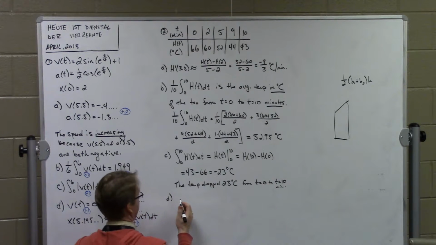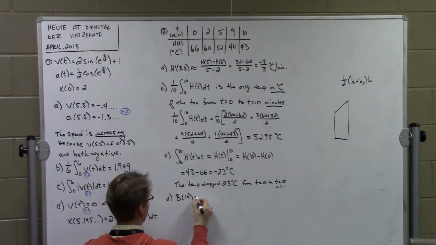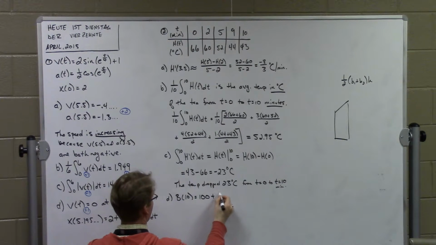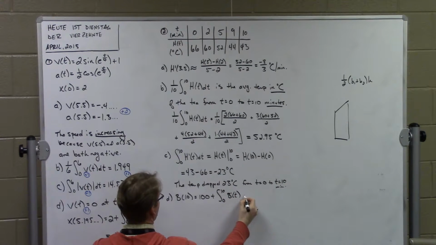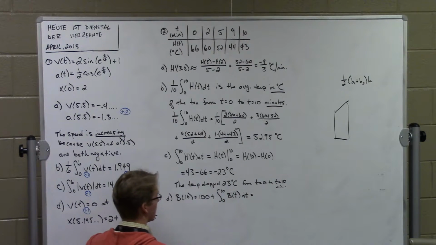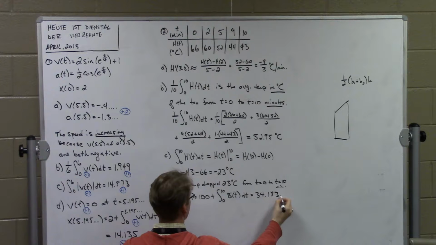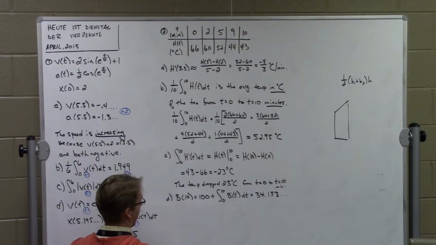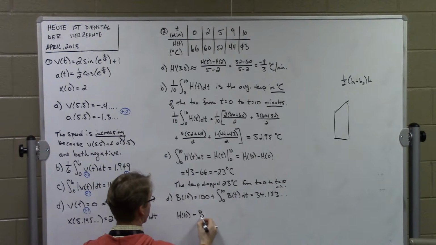Just do 100 plus the antiderivative from 0 to 10 of B prime of t, and that is 34.183. Then you do 43 minus that. H of 10, which is given to us, minus B of 10.